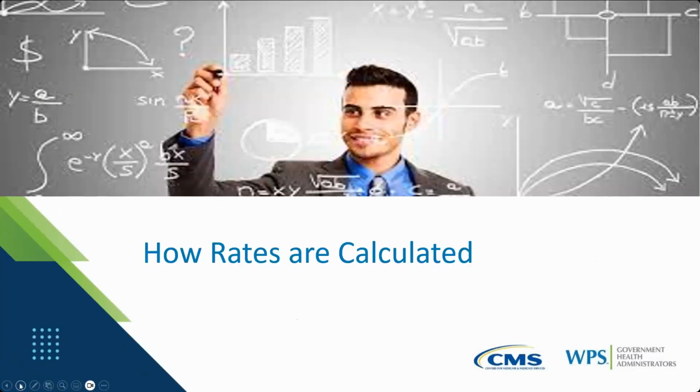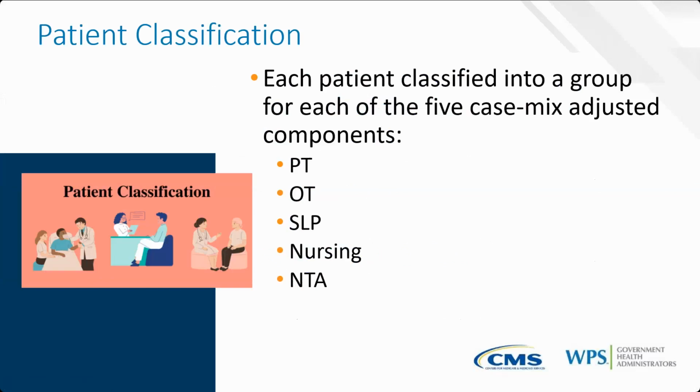So how are these rates calculated? Under PDPM, each patient is classified into a group for each of 5 case mix adjusted components. Those components include PT, OT, speech language pathology, nursing, and the NTA group, which is the non-therapy ancillary.